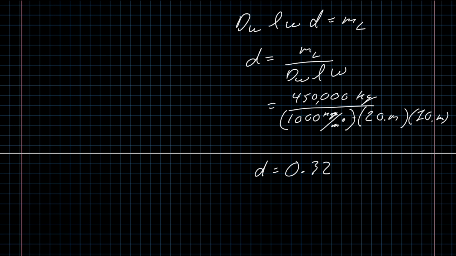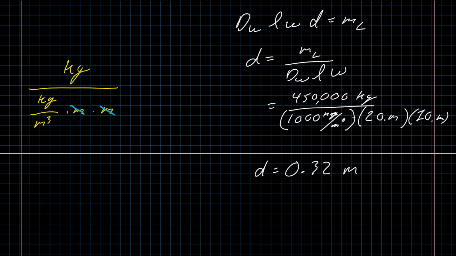And the units there are in fact meters, which makes sense. We're talking about a length, but it's always worth double checking when you have such a convoluted formula. So in the numerator we had kilograms. In the denominator we had kilograms per cubic meter times meters times meters.